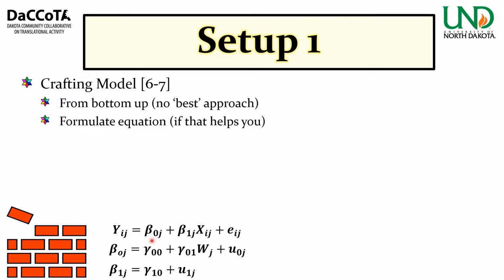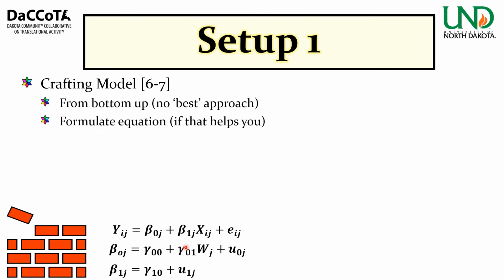The beta 0j is the intercept of the dependent variable in group j, so that's level 2. And then beta 1j refers to the slope for the relation in group j, level 2, between the level 1 predictor and dependent variable.